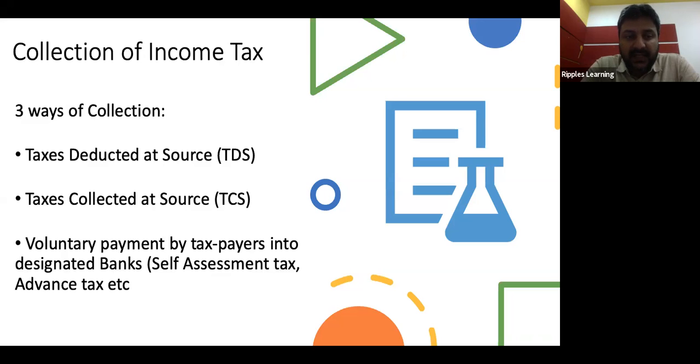That is voluntary tax payment. TCS is just the opposite of TDS. Normally in TDS, whatever income you have, on calculation, a certain amount of tax is deducted, and then your earning minus tax, the remaining amount, is paid to you.